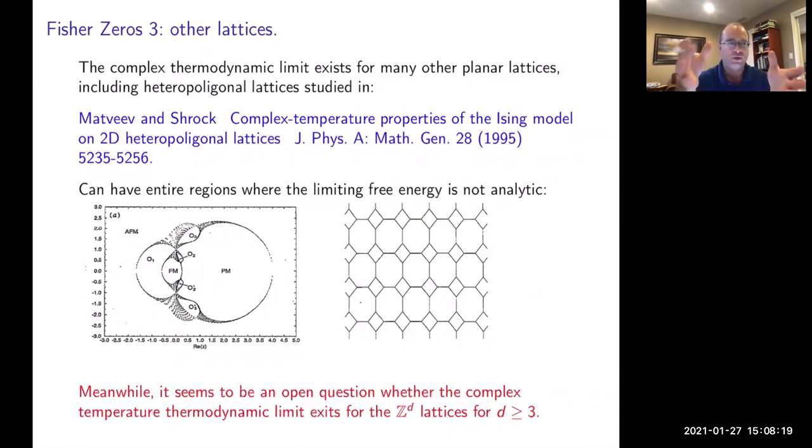I mean, the Z^3 Ising model should somehow be the model of magnets. And even this simplest complex version of the thermodynamic limit looks like it's not known. People can correct me if I'm wrong. I'd be happy to be wrong here. Of course, whether it exists depends on whether you're a physicist or a mathematician.